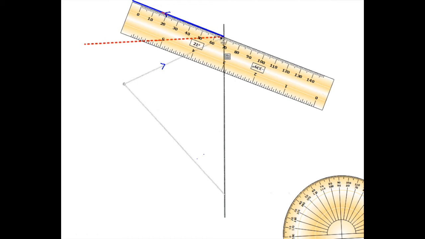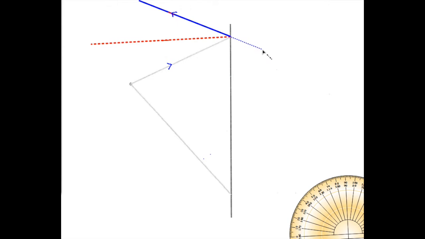Incident ray, reflected ray, and it's the reflected ray that I'm going to extend straight back behind the mirror. I'm making sure that I'm lined up with the reflected ray.